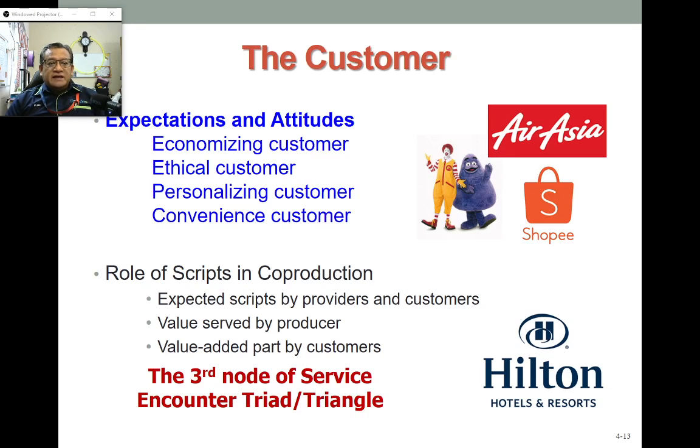I feel I am greeted personally by the hotel itself, and we feel good having that kind of personalized service.